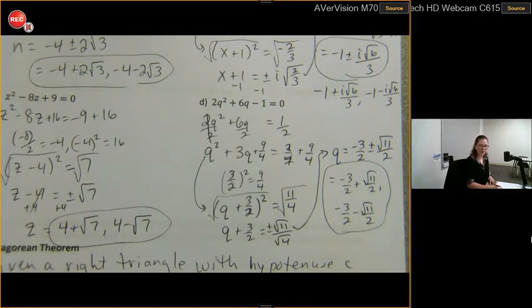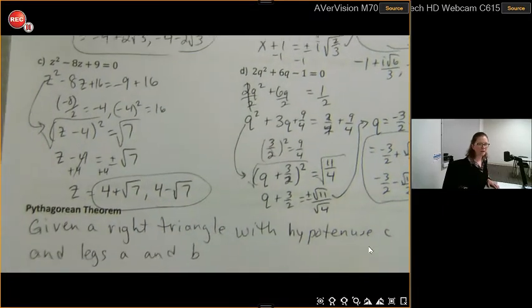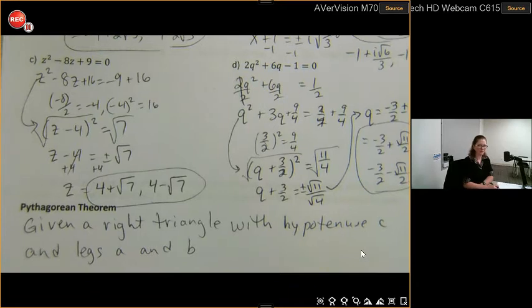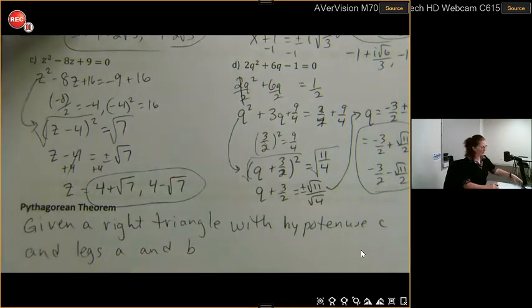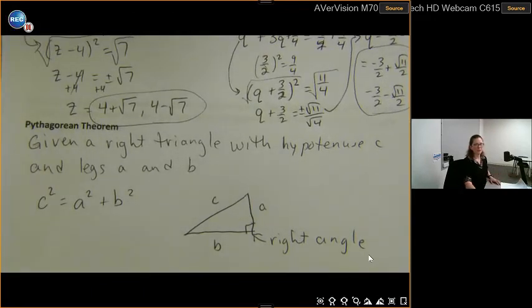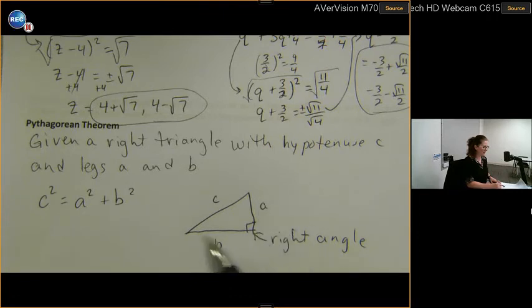Alright, so this is what we have. The next type of problem is going to be the Pythagorean theorem. The Pythagorean theorem is with right triangles. So on a right triangle, we have our legs, A and B. Our hypotenuse is C, and it says C squared equals A squared plus B squared.